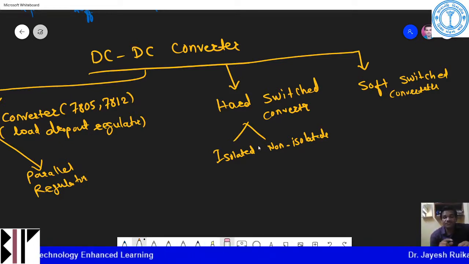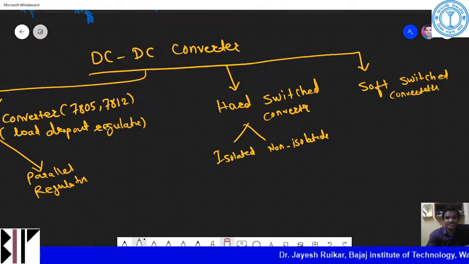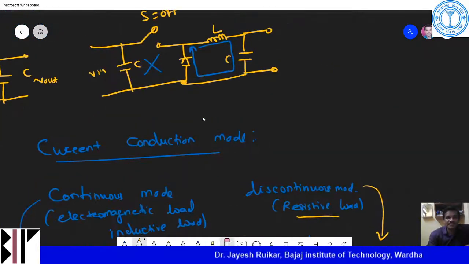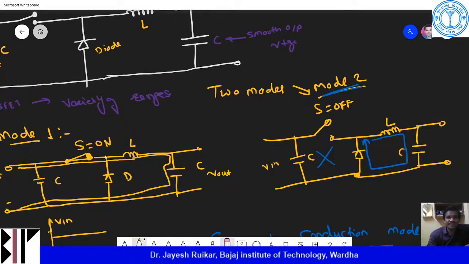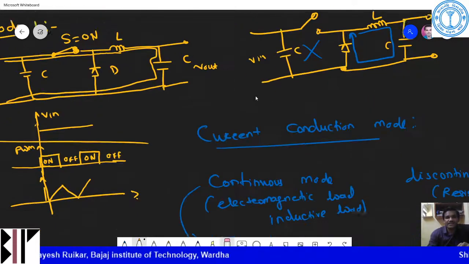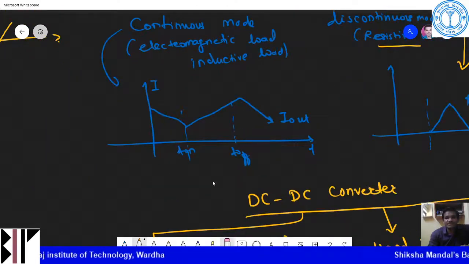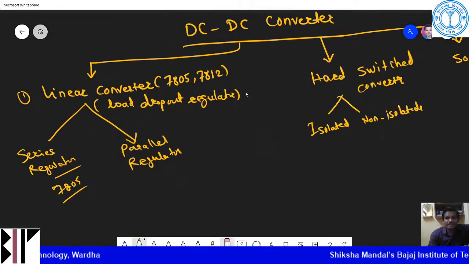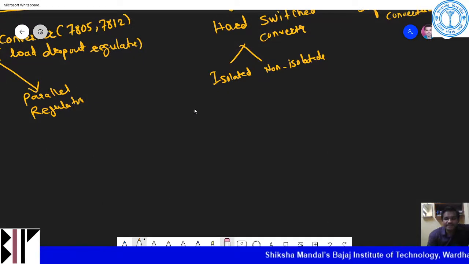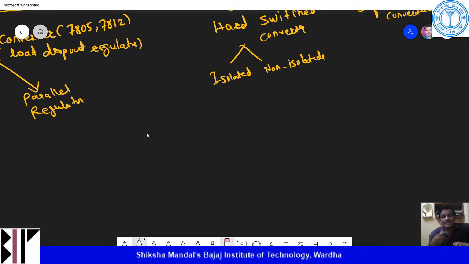Now if you apply PWM, if you see this particular circuit, that is a buck converter. When will this conduct? Only when we apply PWM, that is pulse width modulation, at the gate. If we apply PWM, then and only then it will get connected.